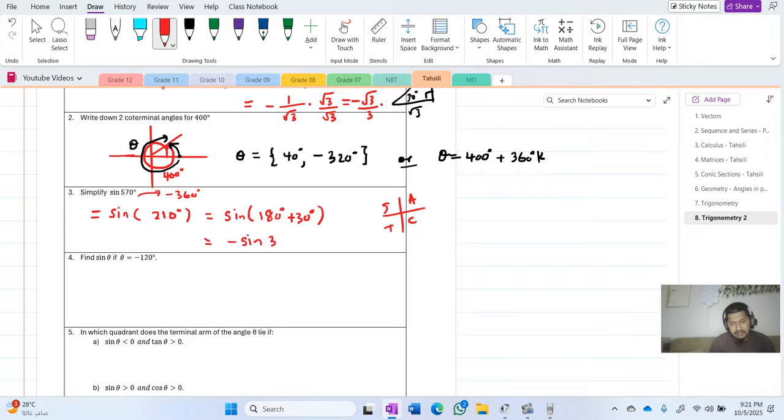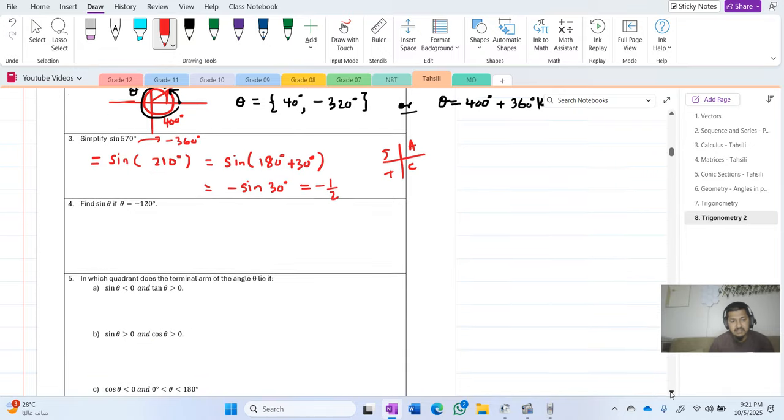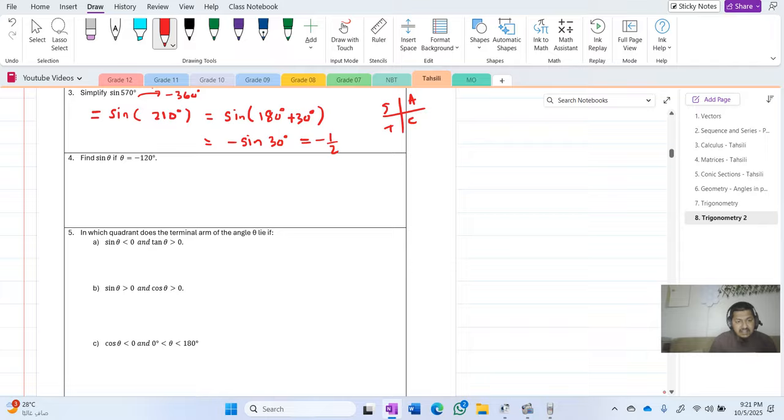This is basics. Find sine theta if theta equals negative 120. So sine of negative 120. Let's add a revolution here. We're going to add 360 because the angle is negative. So we will get sine 240, and 240 is in the third quadrant. How do we know that?